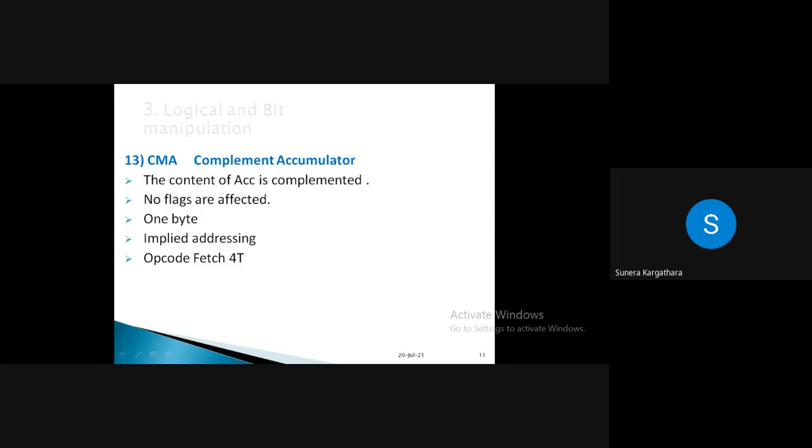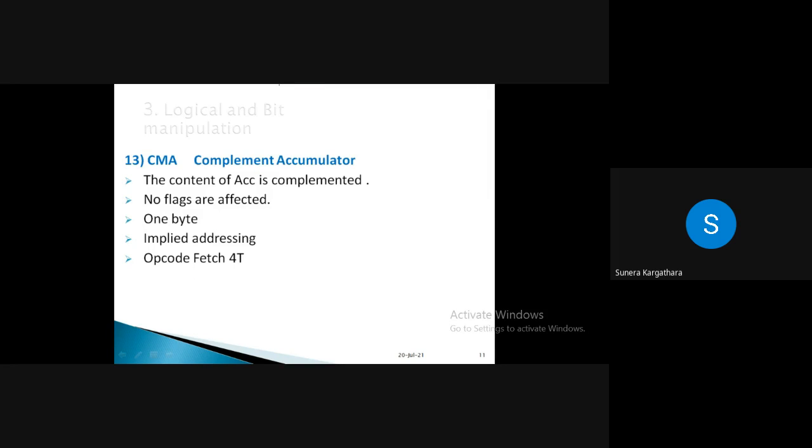Now after that we want to check the complement accumulator. We discussed this instruction in all 3 batches, but let me repeat one more time. The content of accumulator, if you want to complement it, complement का मतलब कि suppose you have some data available in your accumulator, in that you want to replace zeros by ones and ones by zeros, you want to perform ones complement. At that time you will use CMA.